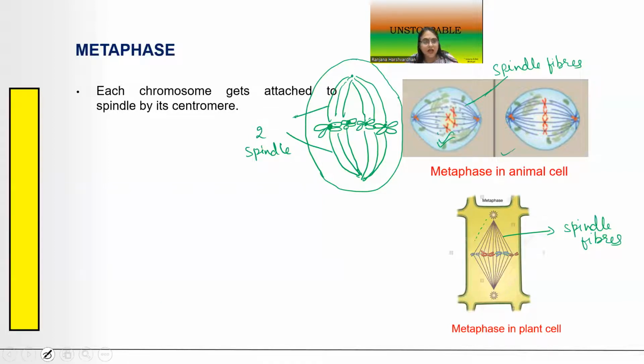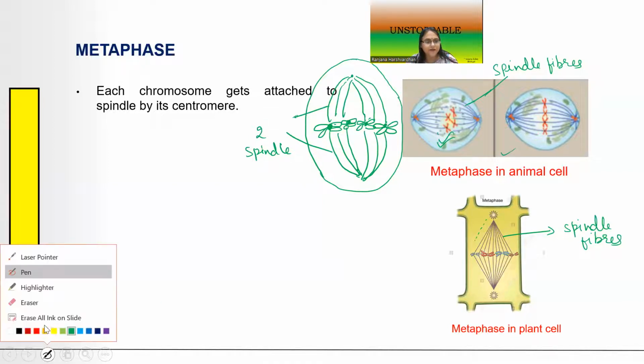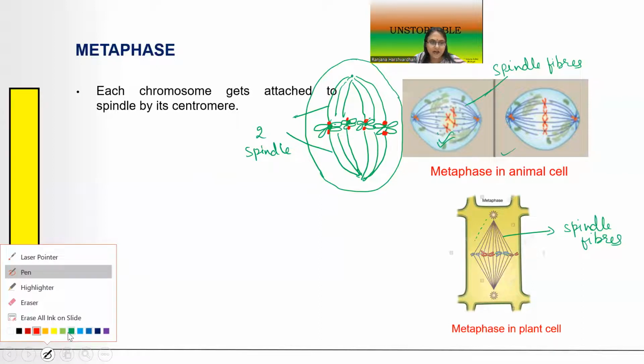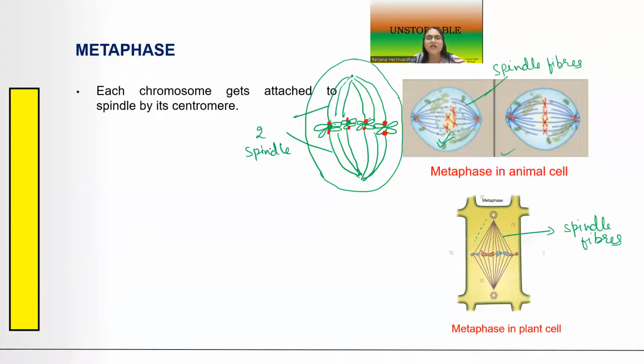So there are some, I'll draw it with a different color. These are some proteinaceous structures which are present near the centromere, where the spindle fibers go and get themselves attached.